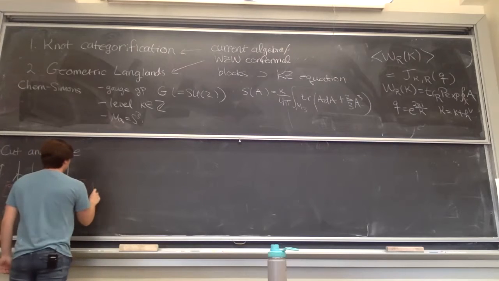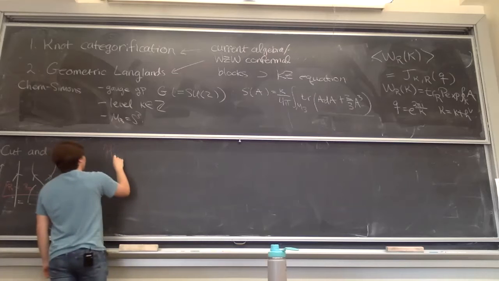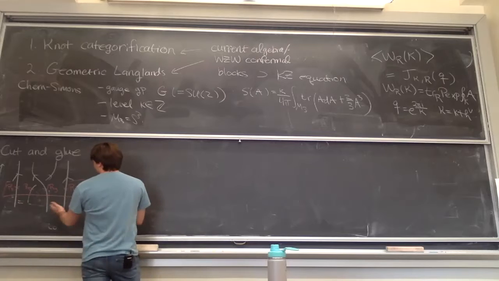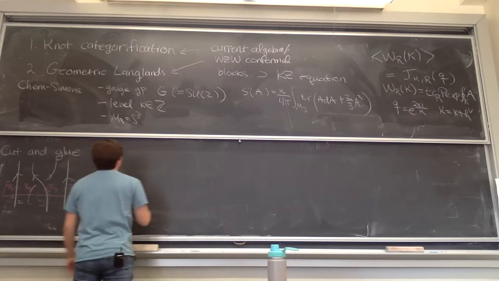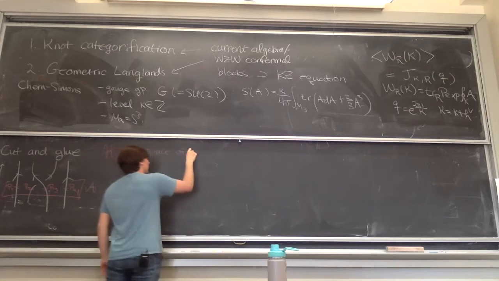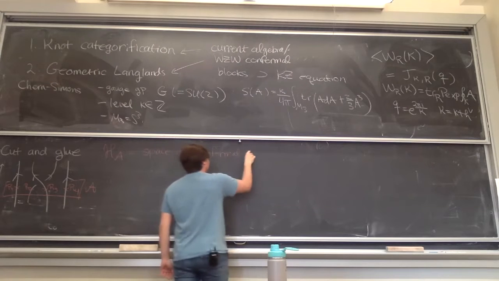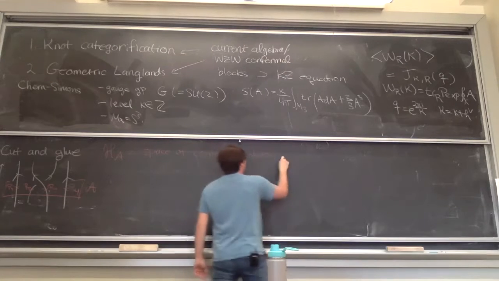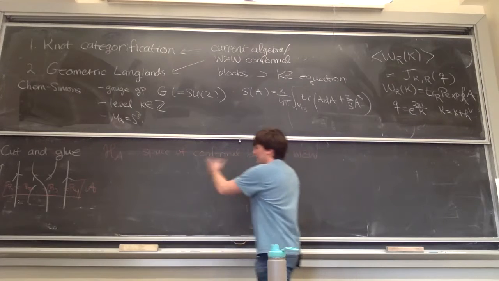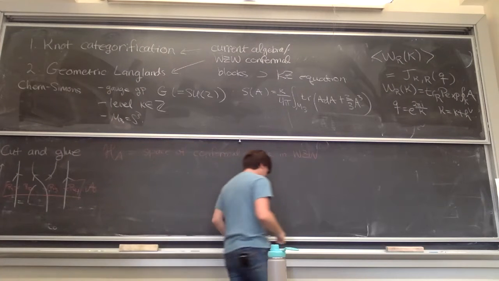The spatial slice I'll call A, and one of the main points of Witten's paper on this is that the Hilbert space that you get on A from canonically quantizing Chern-Simons is the space of conformal blocks in the WZW model, where there are various identifications you should make based on the gauge group, level and representations.